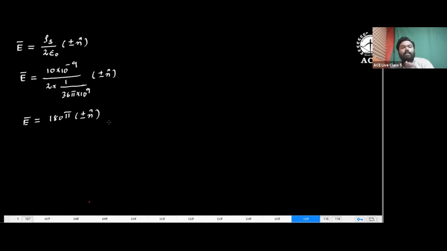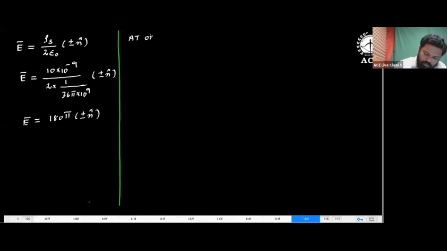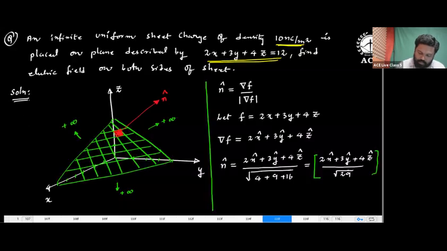What is the electric field towards the origin side? It is minus n cap, isn't it? At the origin side, E is equal to 180 pi into minus n cap. Let me go back.